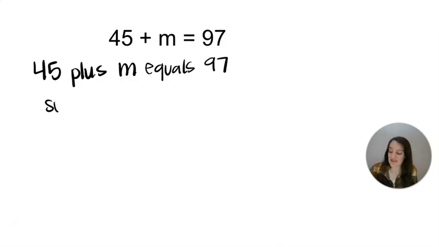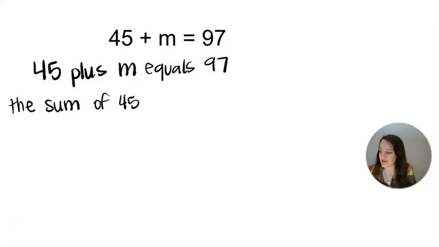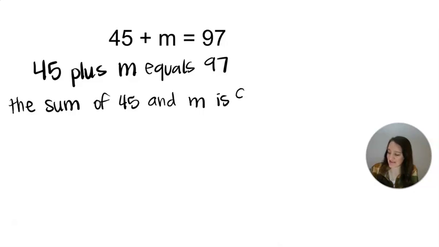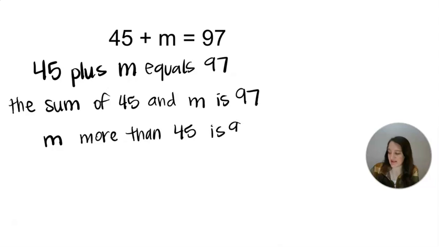You could do the fancy word, the sum of 45 and m is 97. You could say m more than 45 is 97. See how there's lots and lots of options there?